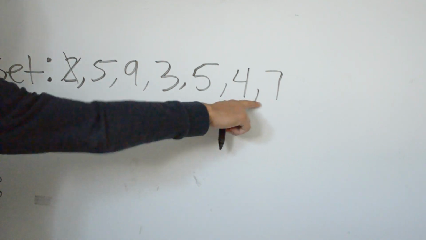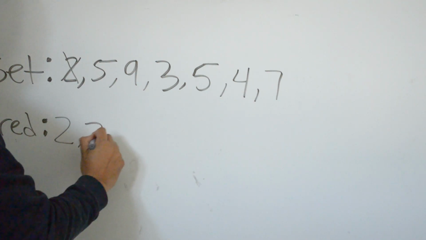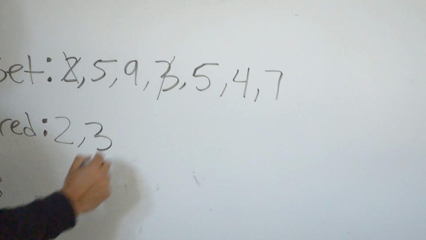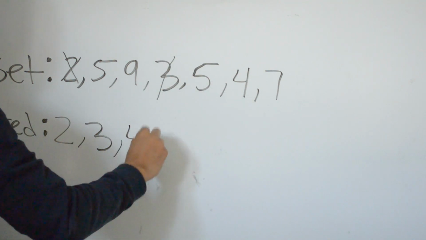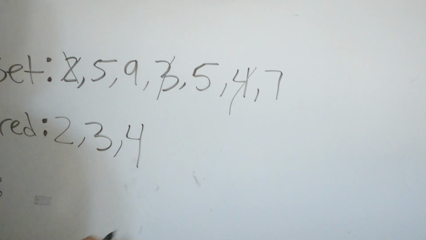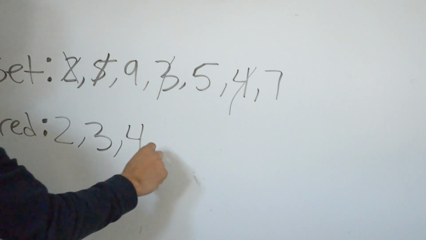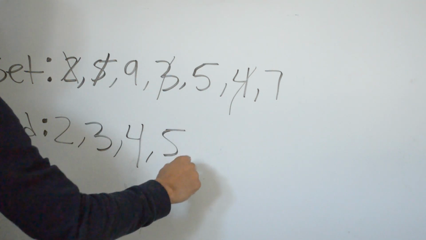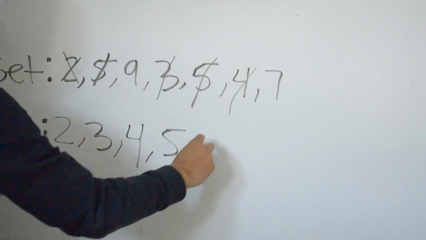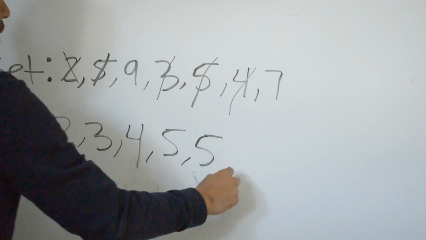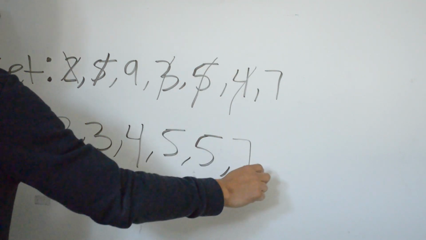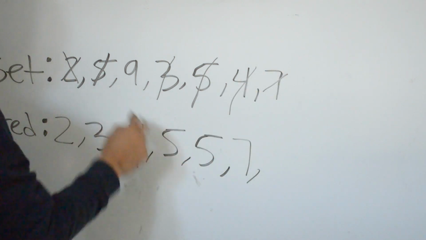The second smallest number is going to be 3. Next is 4. Next is 5. Have another 5. We have 7. Then we have 9.